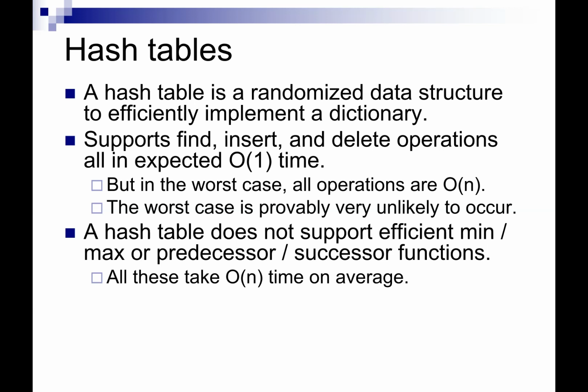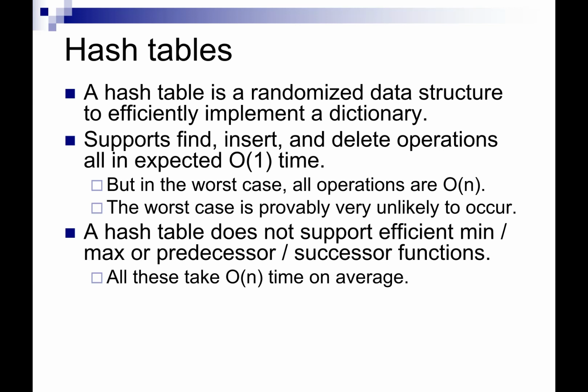Also, given one particular element, we can't efficiently find the predecessor or successor to that value. The predecessor is the biggest value which is less than your given value, and the successor is the smallest value which is larger than your given value.